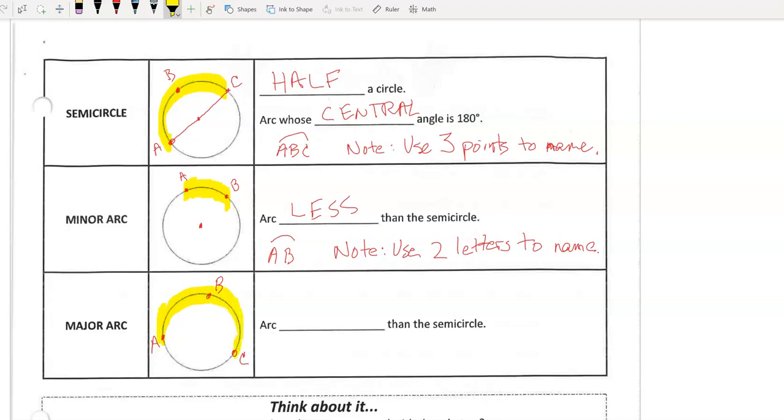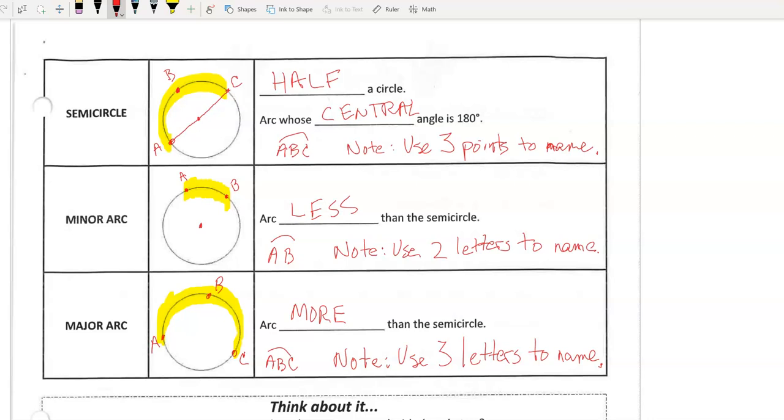So here's arc A, B, C. Okay, and this is an arc that's more than the semicircle. And again, for consistency here, we are going to use 3 letters to name.